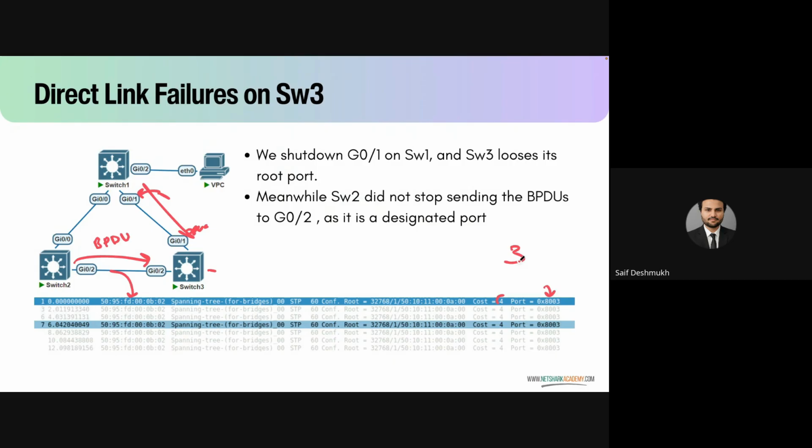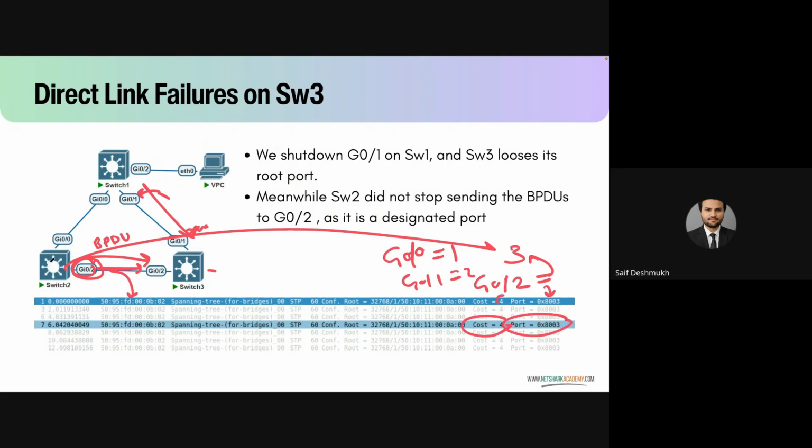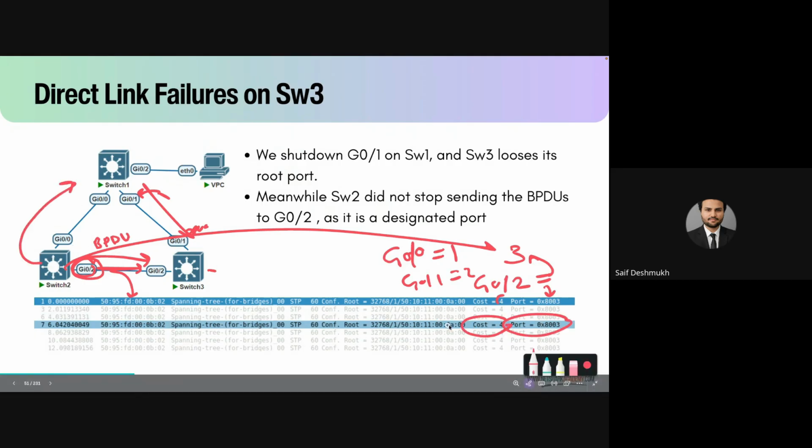This is the third interface it is sending from on switch 2, gigabit 0/2. 0/0 is the first interface, 0/1 is the second, gigabit 0/2 is the third. So when they send a BPDU, they also include their local port ID as well. The cost from switch 2 is 4. This is the root bridge.